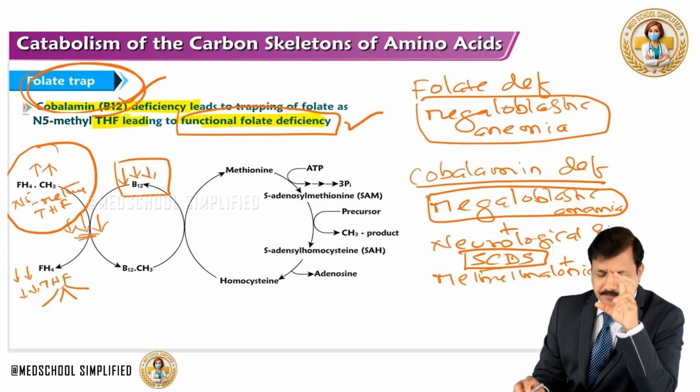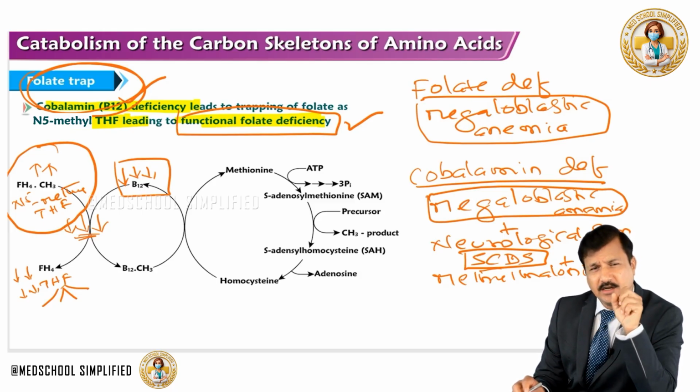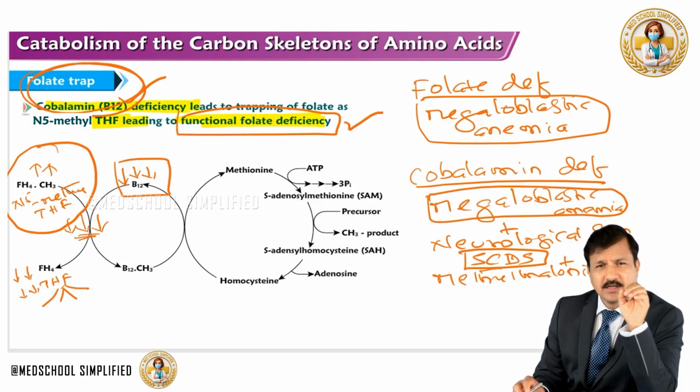That is why, before conception or during early weeks of pregnancy, if the folic acid levels are low, it will lead to miscarriages, neural tube defects, infertility. All that is related to folic acid, but you know cobalamin deficiency leads to functional folate deficiency.